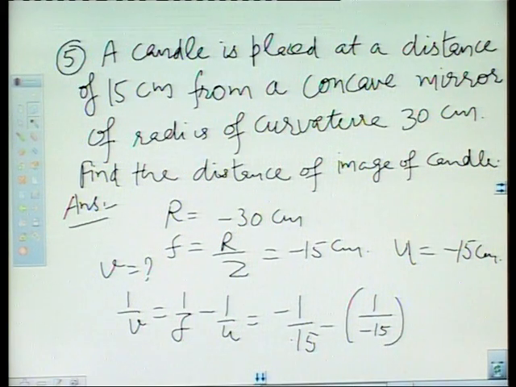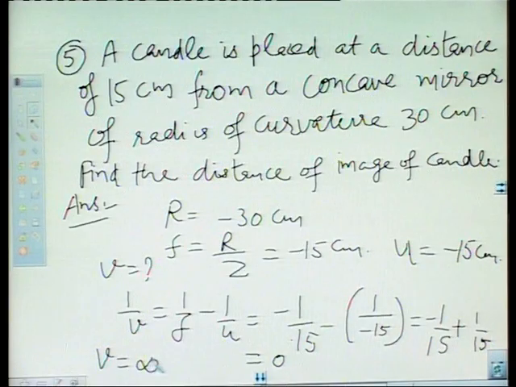Negative becomes a positive. Minus 1 upon 15 plus 1 upon 15. It cancels out. It is equal to 0. So 1 upon v is equal to 0 and v comes out to be equal to infinity. So final image is formed at infinity.